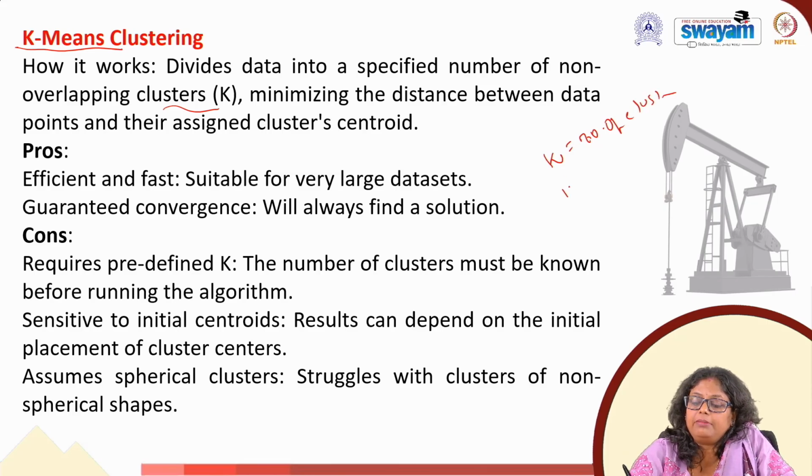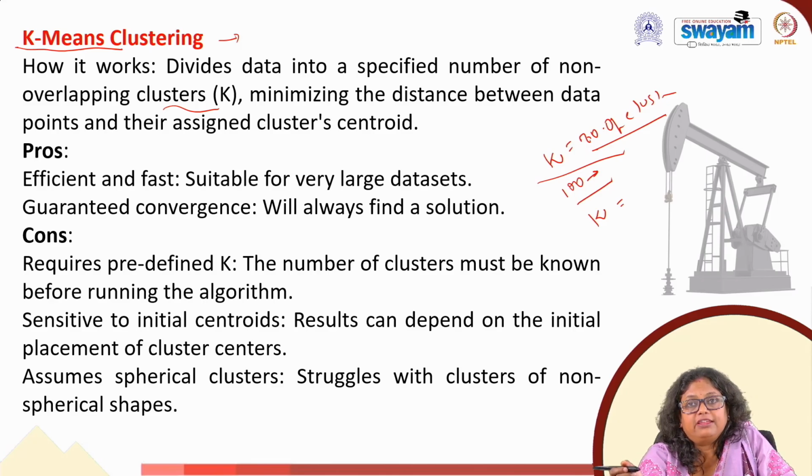If you have 100 data points, we can take 100 centroids, calculate the distance, and the smallest distance between two points, we club it and form the cluster. This we discussed in our previous classes. Basically, under k-means clustering, we divide data into a specified number of non-overlapping clusters, minimizing the distance between the data points and their assigned cluster centroid.